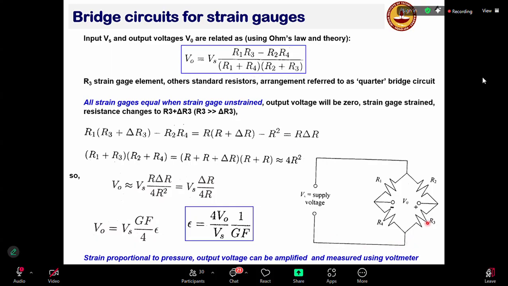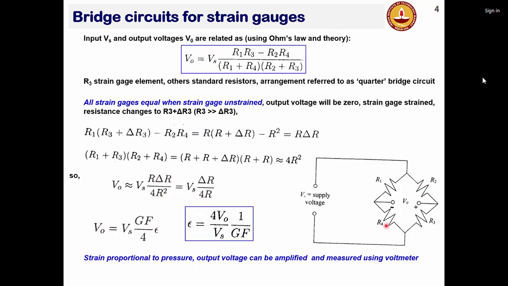Now here, as I said, this R3 is the strain gauge element, and the other resistors R1, R2, R4 are standard resistors. And this arrangement is called the quarter bridge circuit.